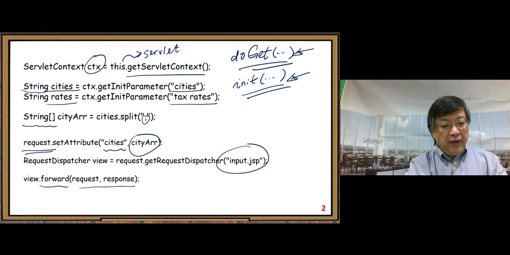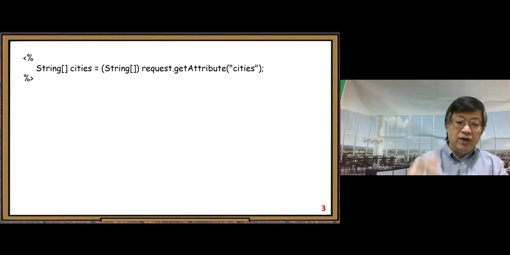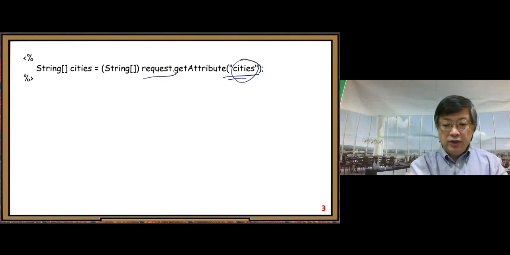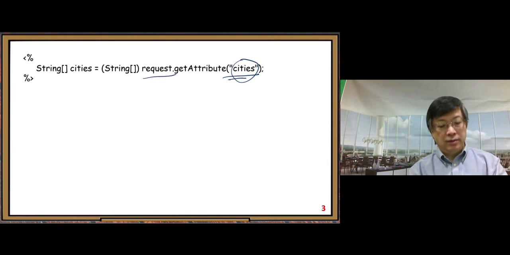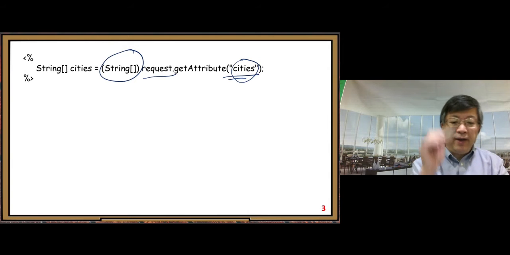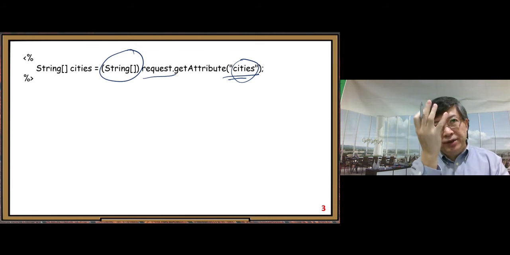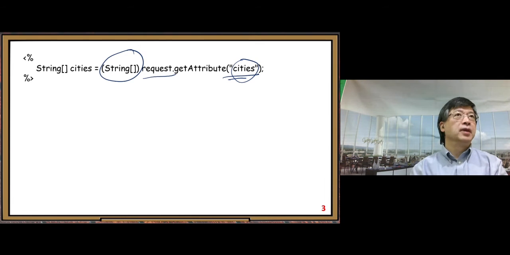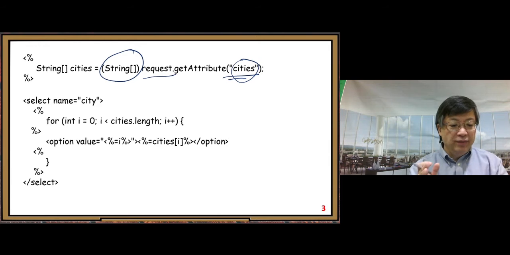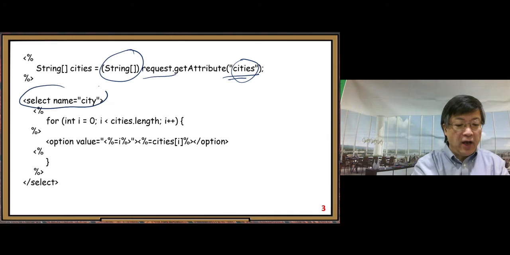To display the data in input.jsp, first we retrieve the data from the request scope with the key cities using getAttribute. Then we need to cast it to a string array, because it's an object. After that, we use a for loop to create a drop-down list using the select element.